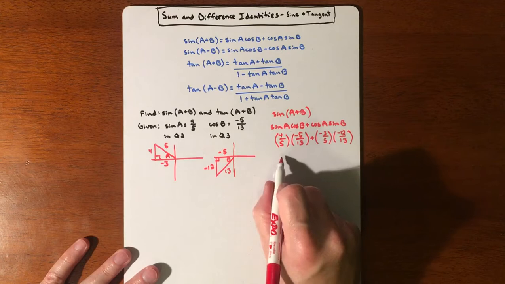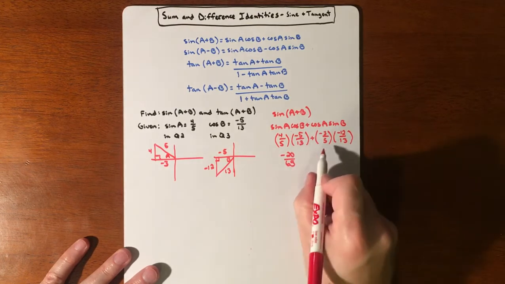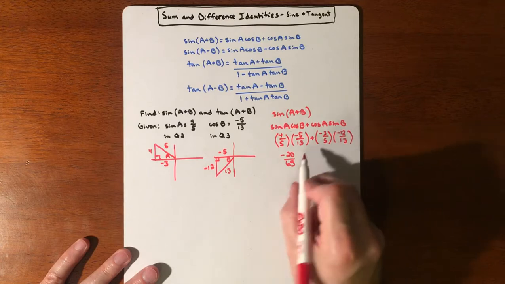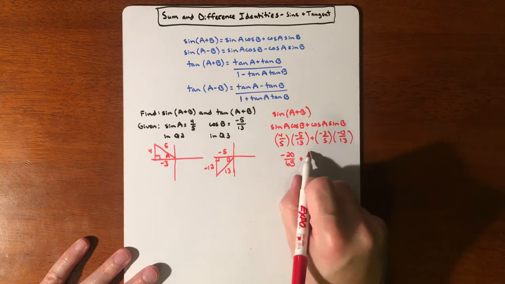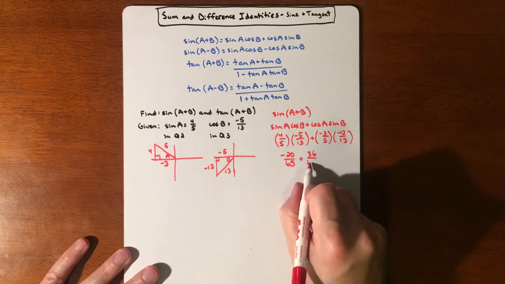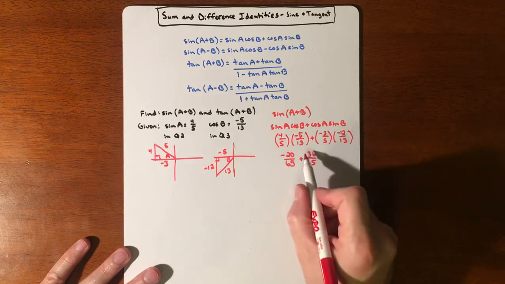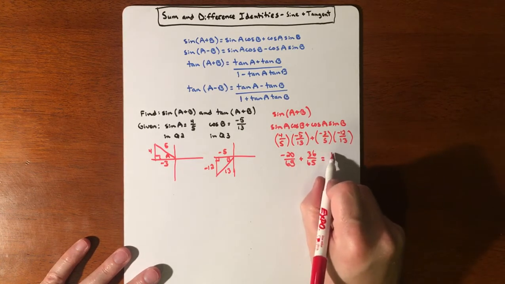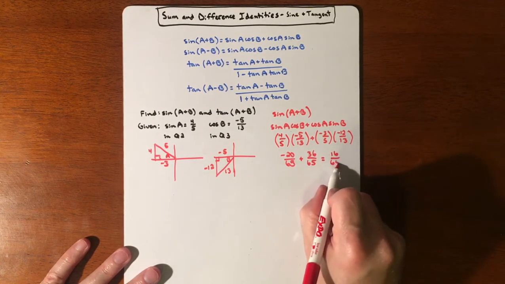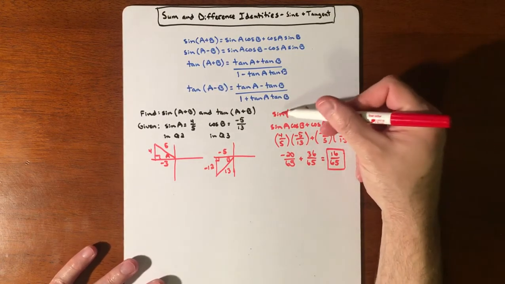All right, so that gets us negative 20 over 65. Negative and negative cancel, so it's going to be plus 36 over 65. And so that's going to add up to 16 over 65. Okay, so that is sine of A plus B.